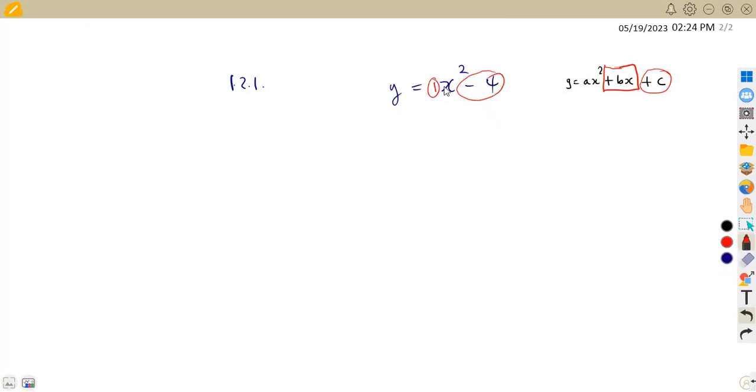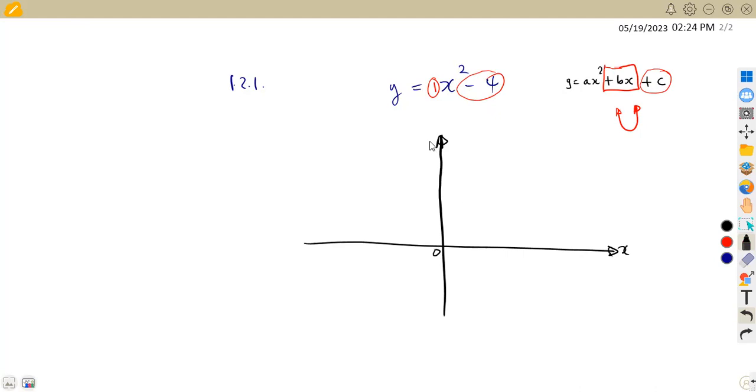Here it's a positive, so it must be a smiley shape. It is going to pass through -4, which is our y-intercept. Remember, the y-intercept is at x is equal to 0. So if x is equal to 0, y is -4. So -4 is maybe somewhere here.